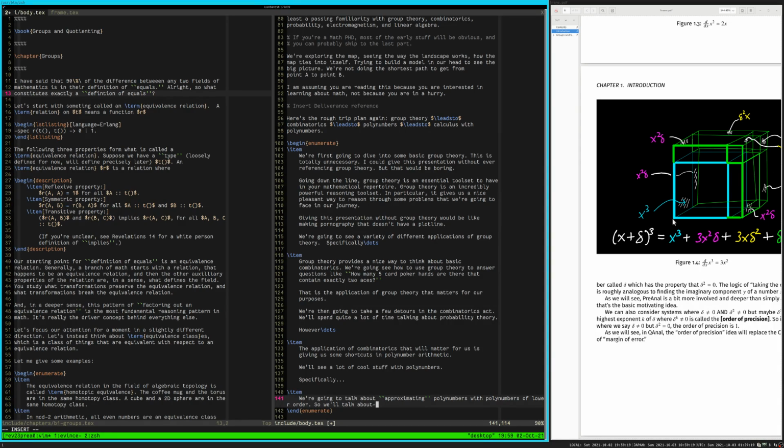Approximating polynumbers with polynumbers of lower order. This is what preanal is. It's about locally approximating polynumbers with polynumbers of lower order. This is called calculus. The laws of the universe are written with calculus.